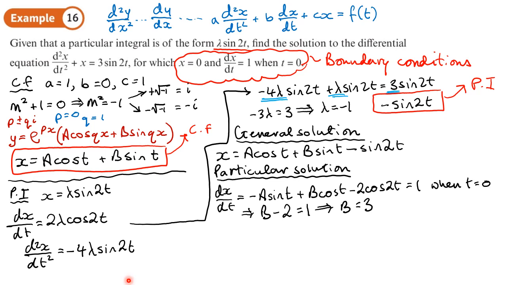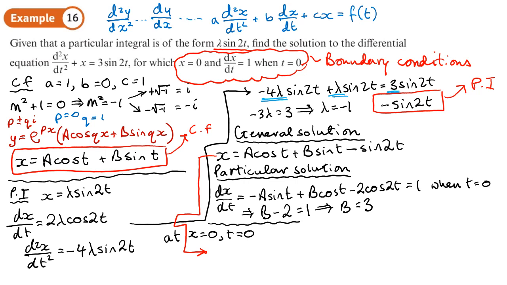Now we'll use x equals 0, t equals 0 plugged into our equation. So x equals 0, t equals 0, which we are substituting into this equation here.